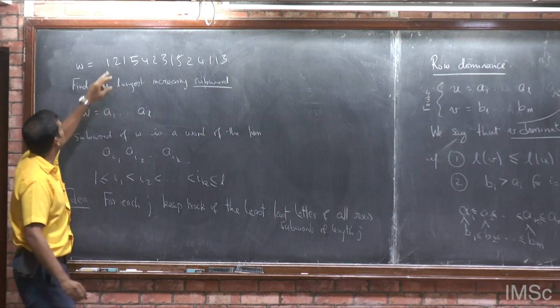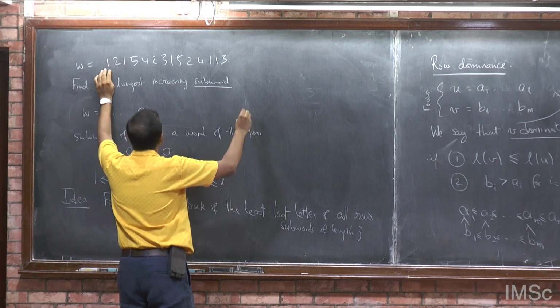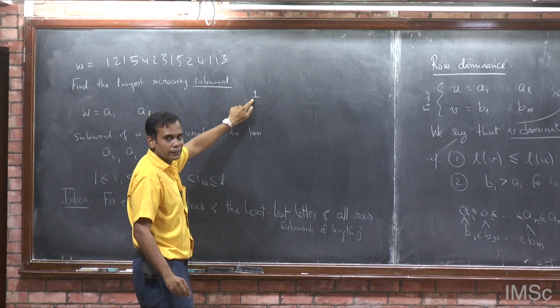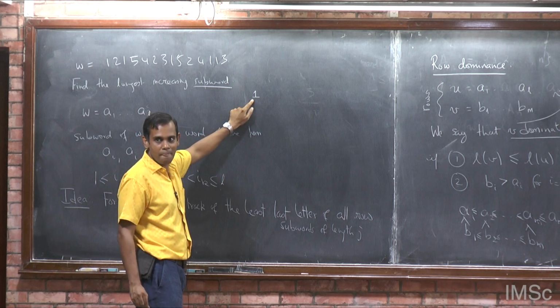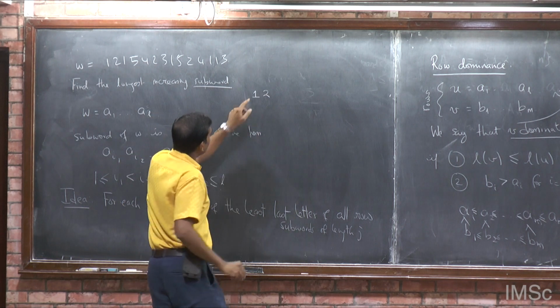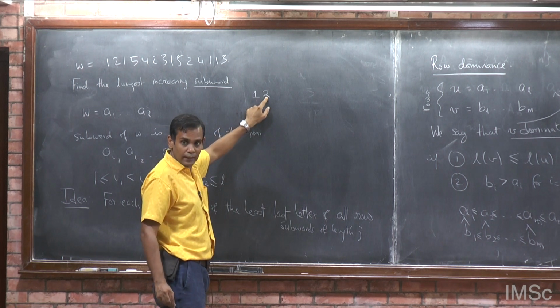Okay, so let us look at this word. I start reading from here. So I have this 1. I have an increasing subword of length 1 till now, and its least last letter is 1. Then I have 2. So I have a row subword of length 2, and a row subword of length 1.